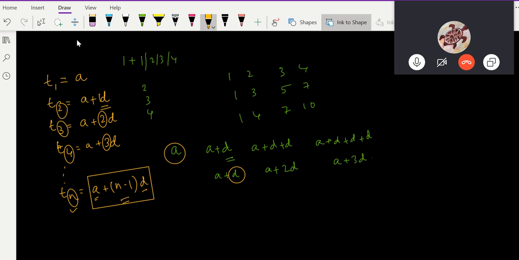So this is the first important term that we need to understand when we talk about an arithmetic progression, which is the nth term in general.